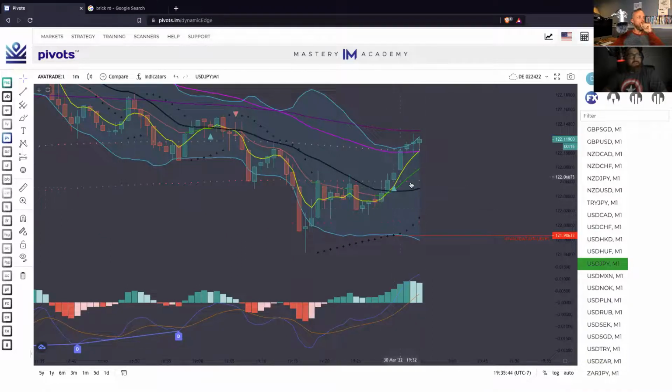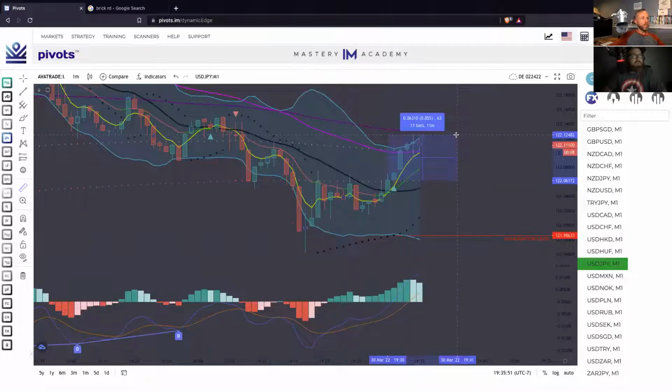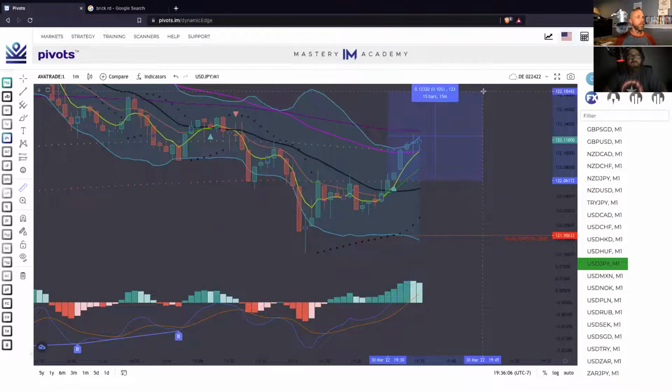In this example, say we got in right here. That's 6.3 pips. We'd want to see some bigger moves, 10 or 20 or somewhere around there, but 6 is okay. 6 is fine.